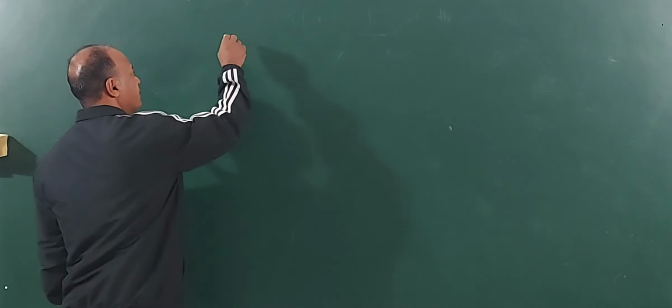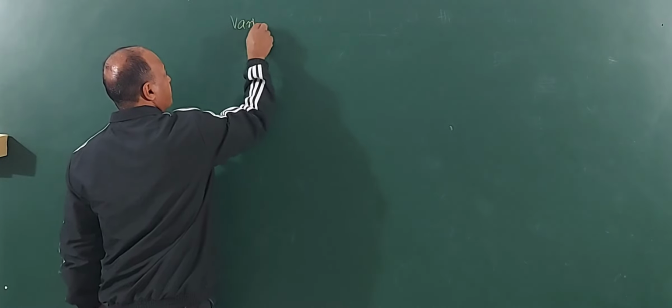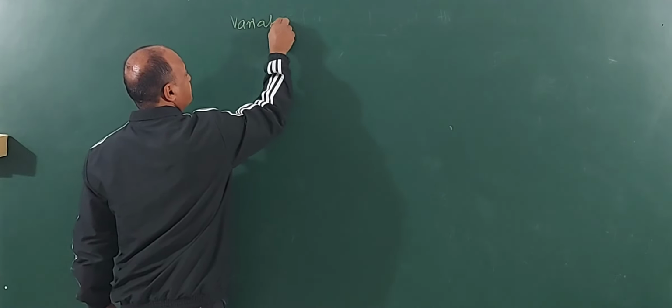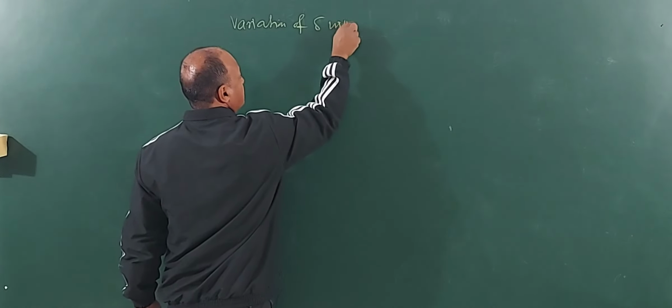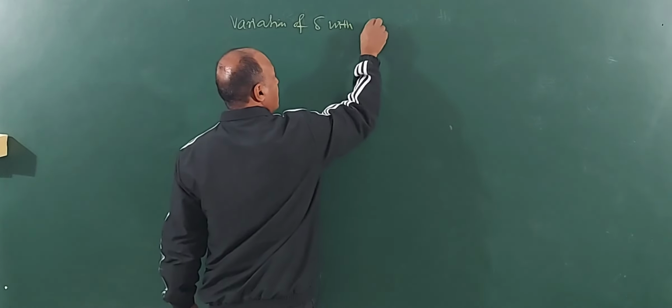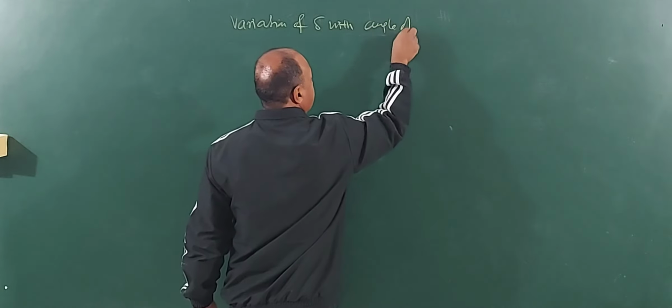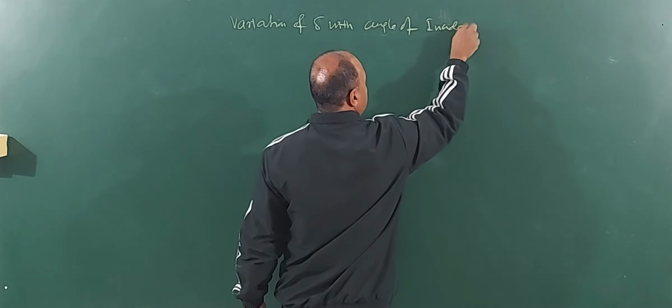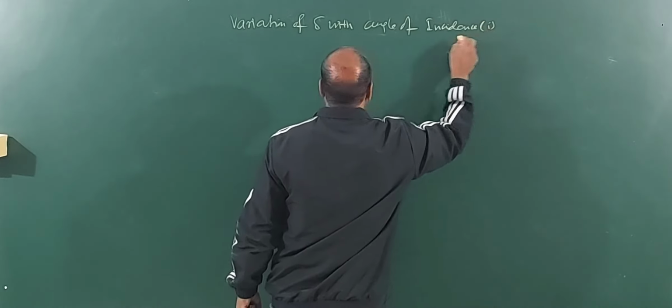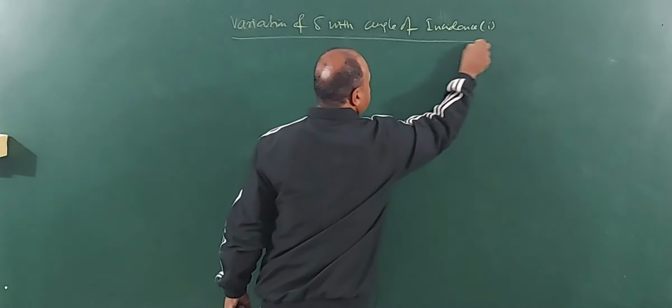So we will be seeing now the variation of angular deviation with angle of incidence. Angle of incidence is denoted by I.